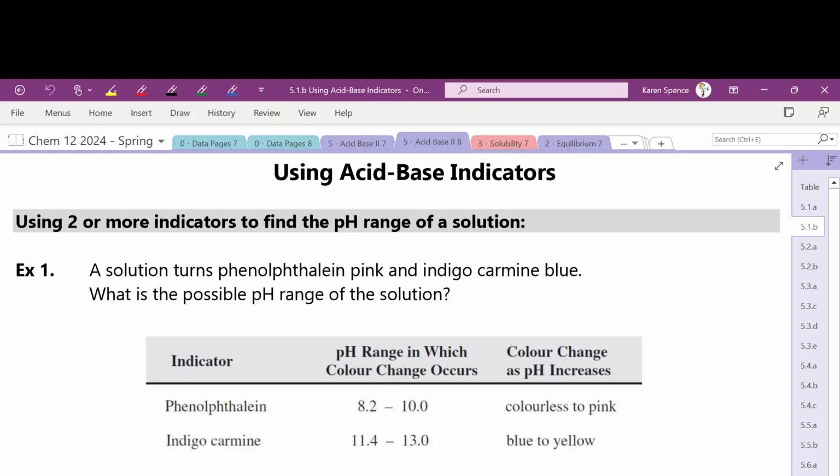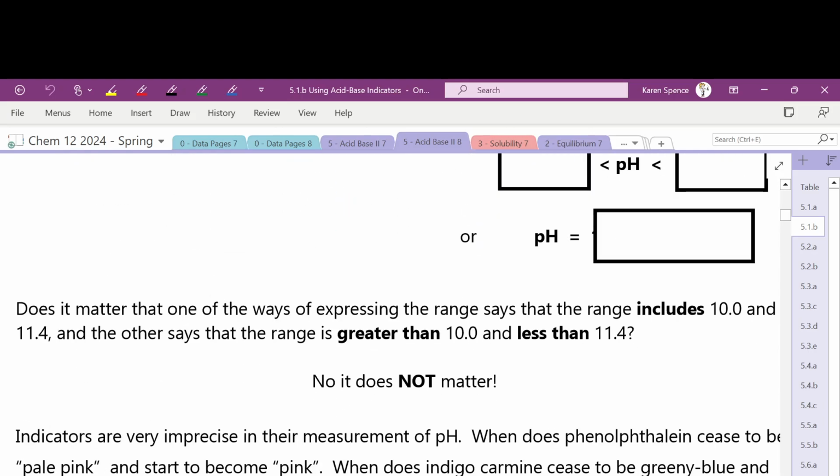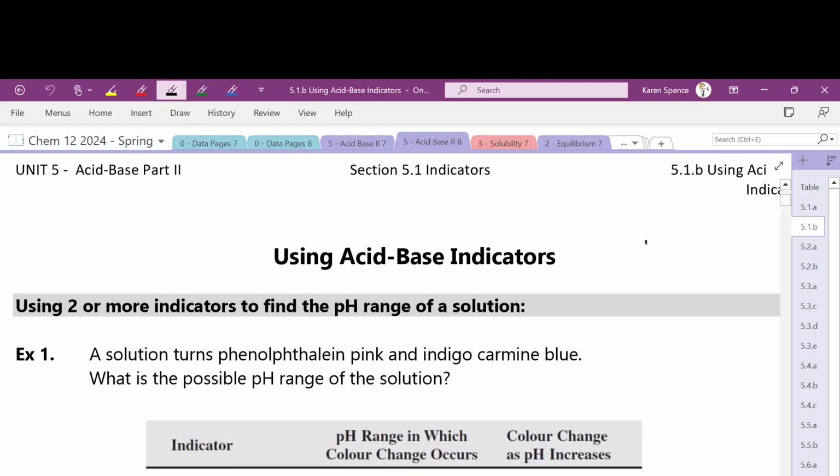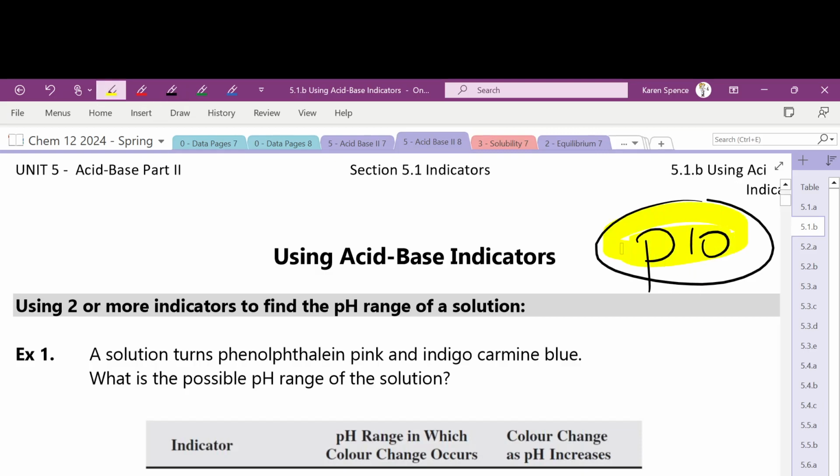Okay, it's been 5 minutes. So we're going to go to page 10, and we're going to look at using acid-base indicators. Page 10.